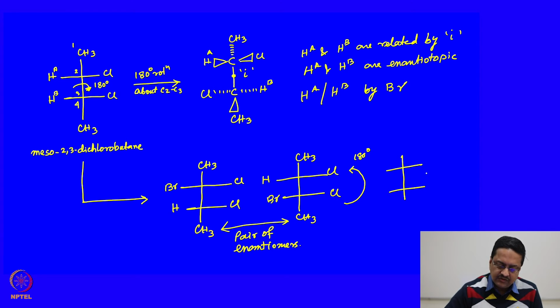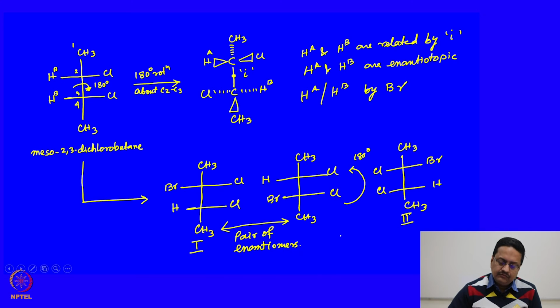When you rotate this molecule by 180 degrees, these two chlorines will come to the left hand side, this bromine will come here, and the hydrogen will come here, and the CH3 groups will remain as they are. So, now can we see that this molecule 1 and this molecule 2 are mirror images of each other, and they are non-superimposable mirror images.